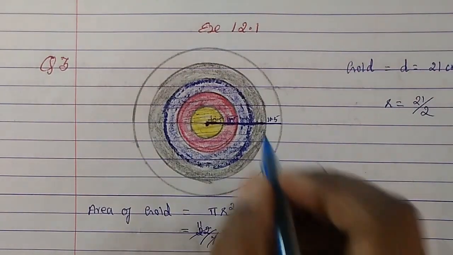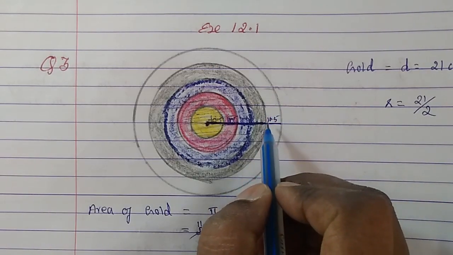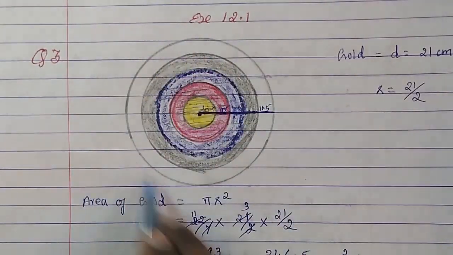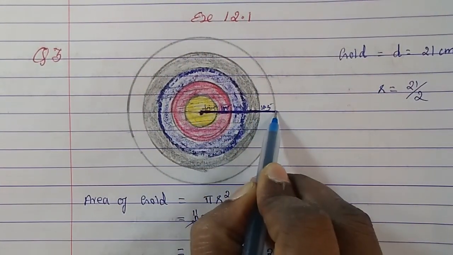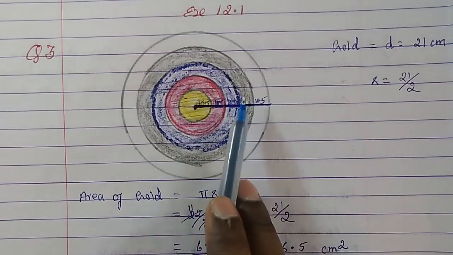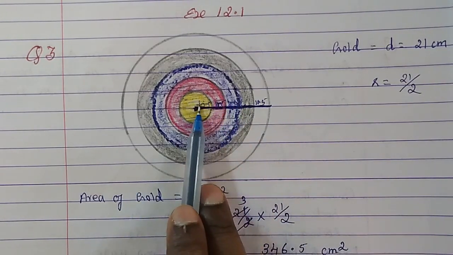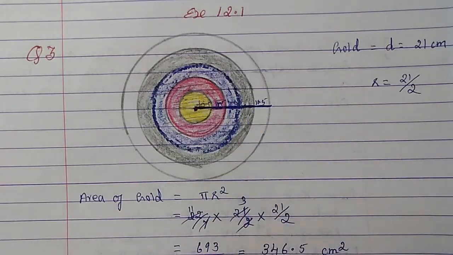So we finished the black band. Now you have to find out the area of white band. Also same way only. Now whole thing you have to take up to here. Whole area of whole circle you have to find out. So this is the radius of this circle. So area of this circle we will find out. From there we will minus black, blue, red and gold. So if this much you minus, we will get the area of this white band.